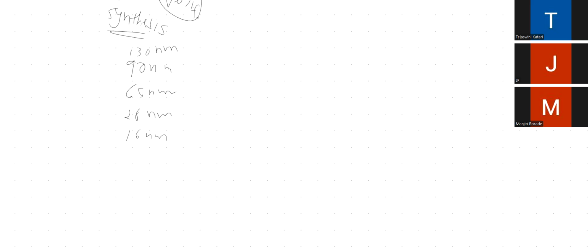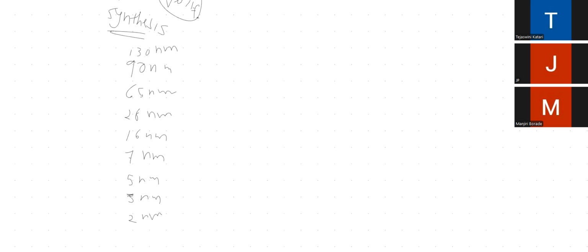Then you will have 7 nanometer, 5 nanometer, 3 nanometer and 2 nanometer. Now these numbers come as per Moore's law. You might have studied that transistor counts double. If you know some device physics or CMOS level or VLSI idea, you will get the idea.